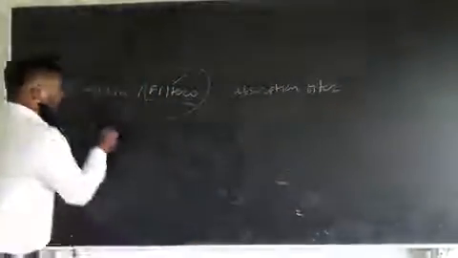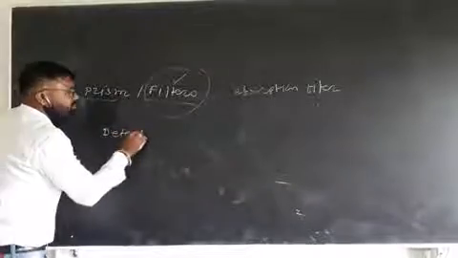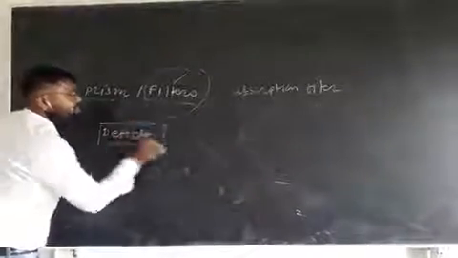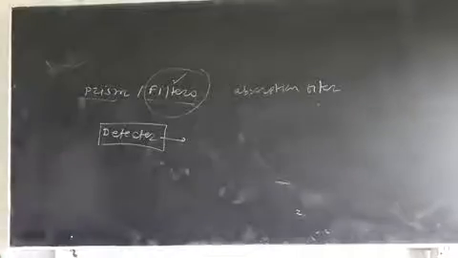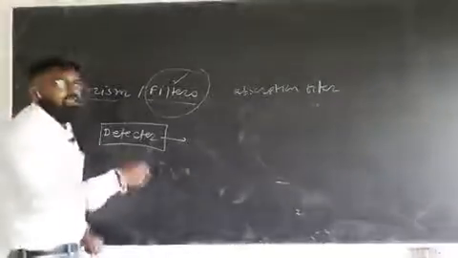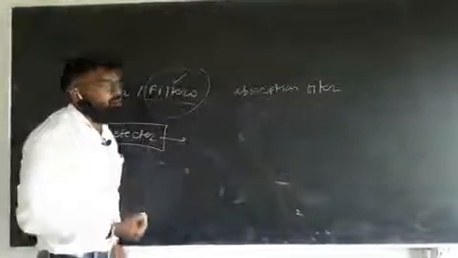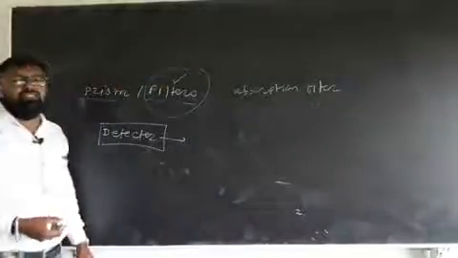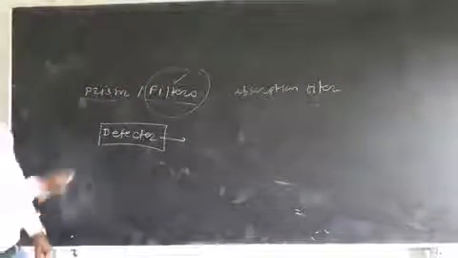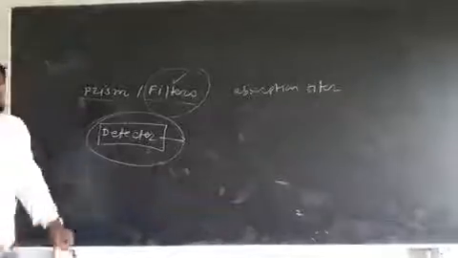And then the next component is the detector. The detector is a component which converts light energy into electrical signals. During the emission process, after isolation of radiation of the desired wavelength, this radiation reaches the detector.